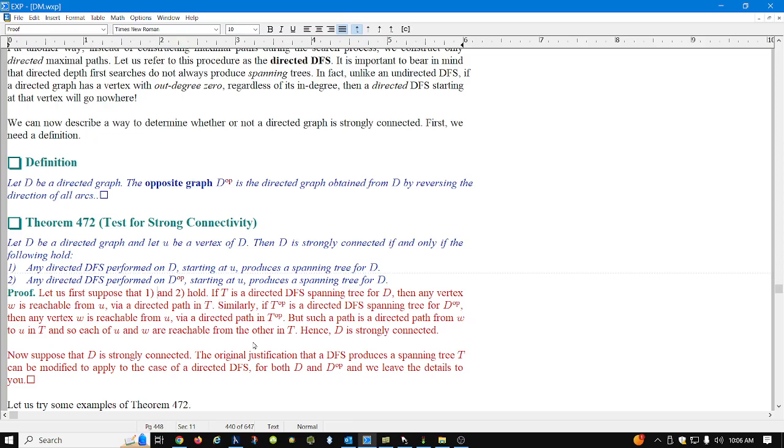The original justification for undirected graphs, that a depth first search produces a spanning tree, can be modified with not too much trouble at all to the case of a directed depth first search for both D and D op. And I'm going to leave that also for you to ponder because I think it's good practice.